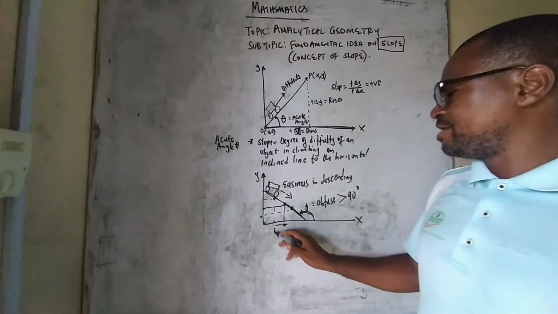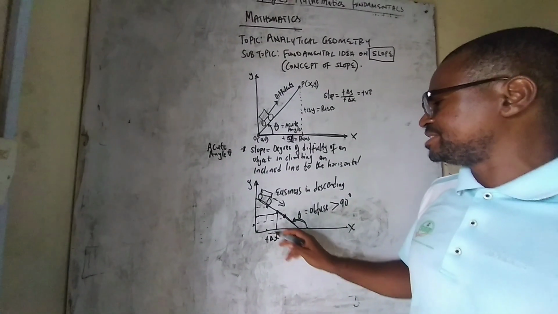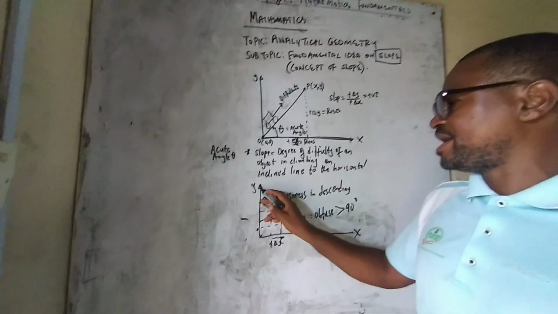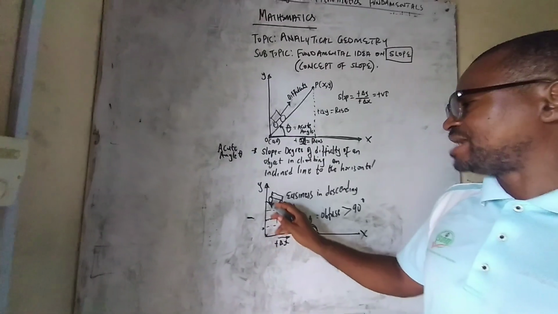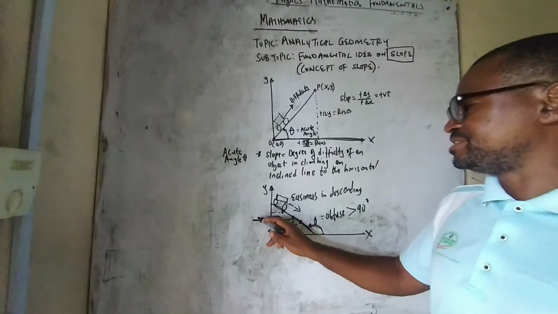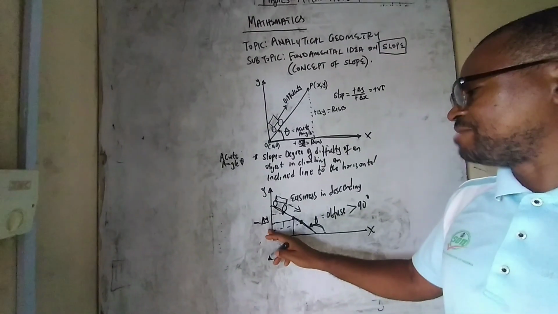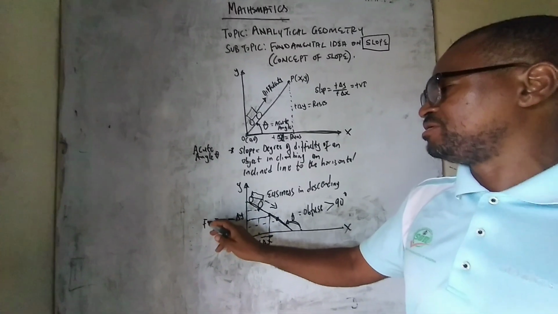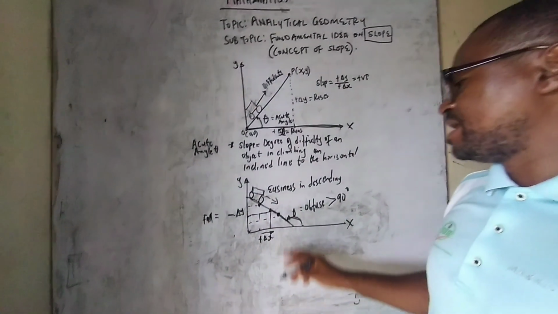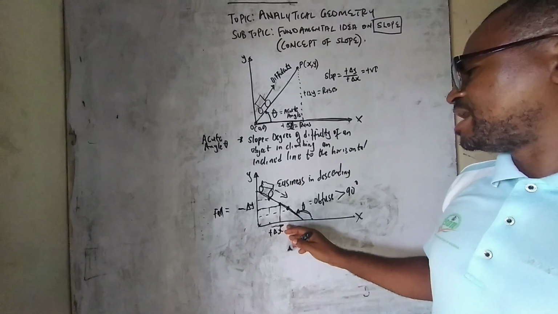So here we have an increment along the x-axis, but a decrement along the y-axis. As this object is descending, the value of y is decreasing, that is, changing y. So this place can be thought of as a fall along the vertical, not a rise this time around, and this place still remains as the run.